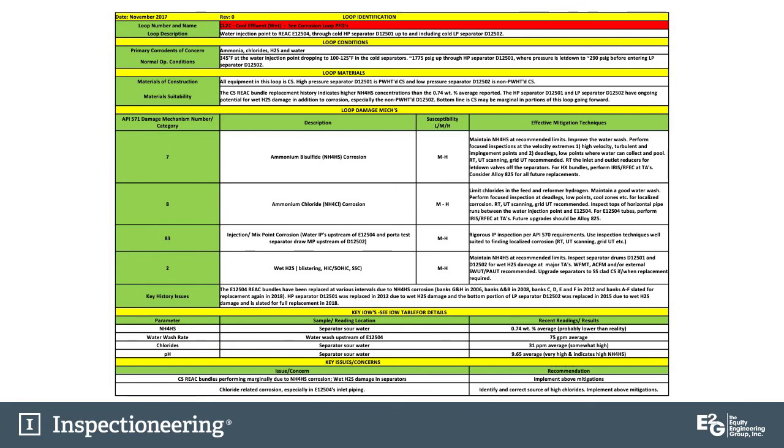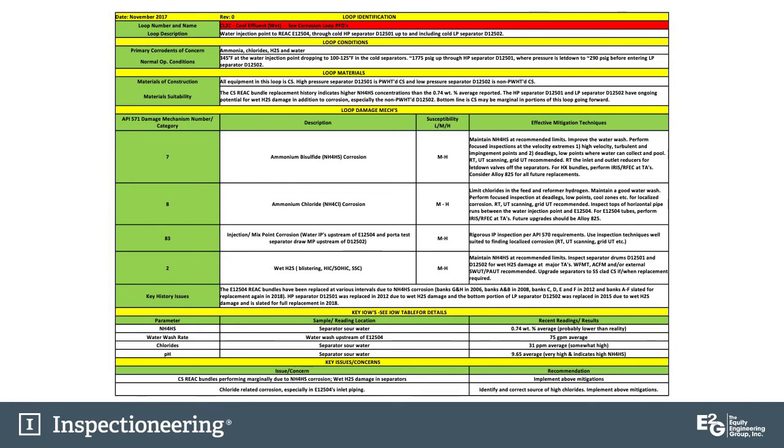some comments on material suitability. You can see in this case that we are a little concerned about the long-term viability of carbon steel throughout this system based on the damage mechanisms present, their history they've had, and some of the process variables that were reviewed.